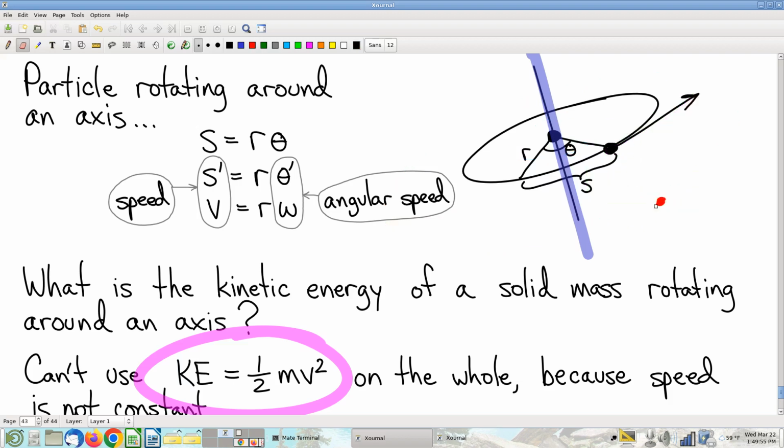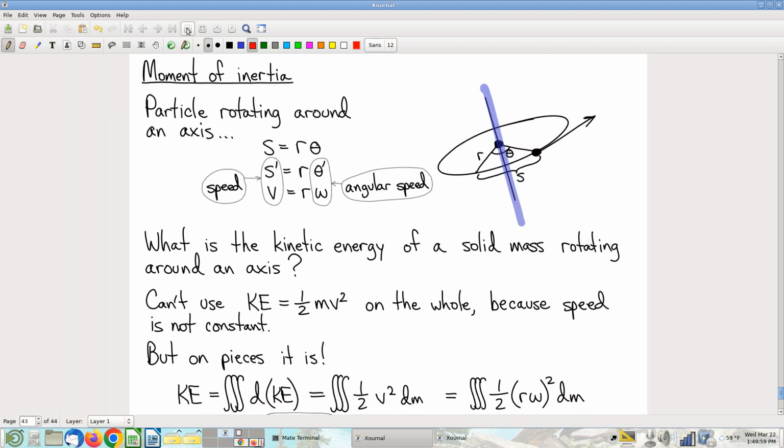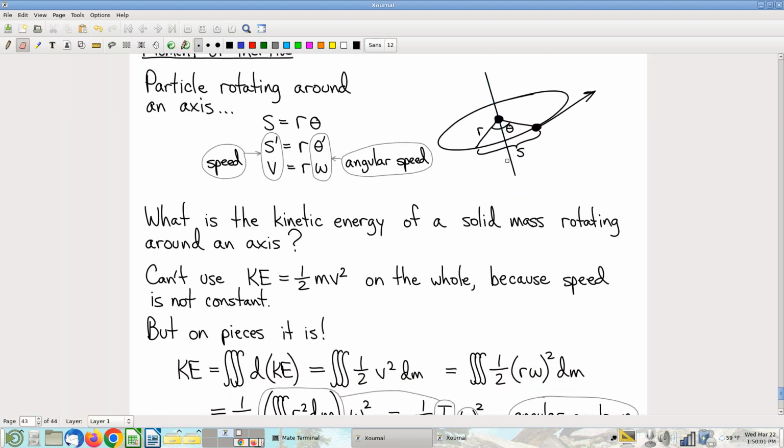So here's the idea. Here's where the Riemann sum comes in. This is another opportunity to do a chop it up, add it up, whole is the sum of the parts, however you want to say it. And the idea is let's take our solid, break our entire solid up into little pieces. And then on each little piece, I can talk about how much kinetic energy each little piece has.